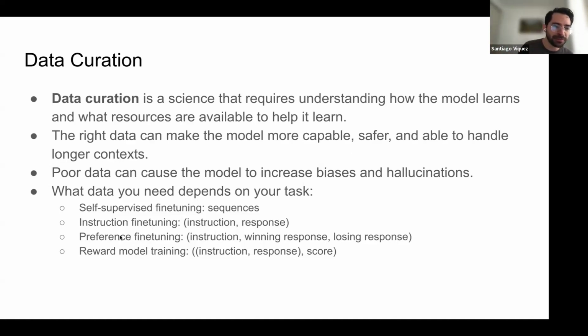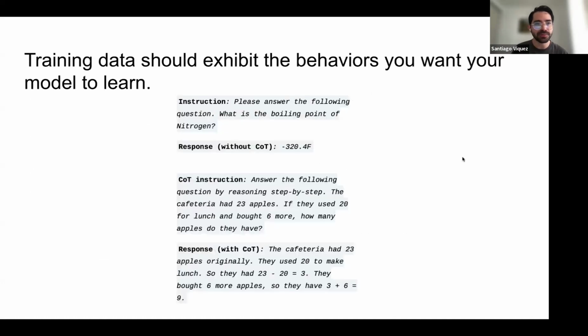If you want to do preference fine tuning, you will need the instruction, the winning response, and the losing response. If you want to train a reward model, you will need the instruction, the response, and also the scores. So data creation is all about matching your data to whatever task you want to do.